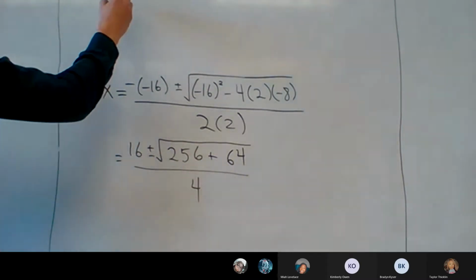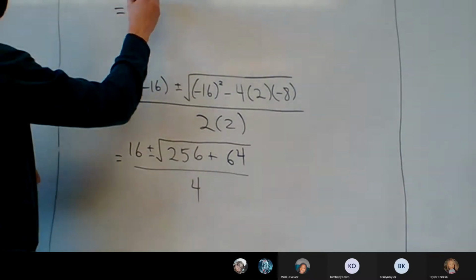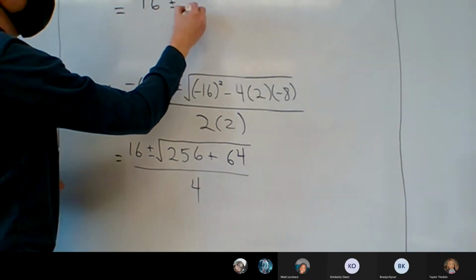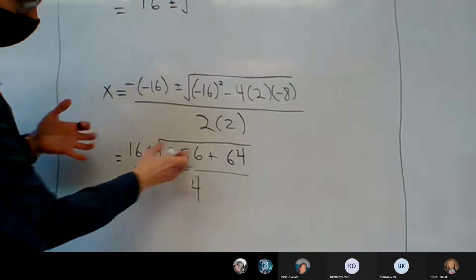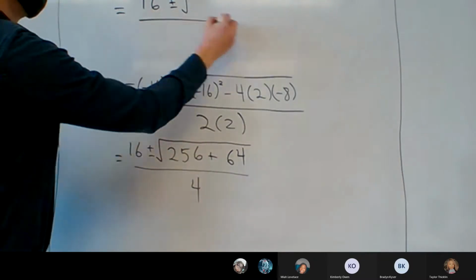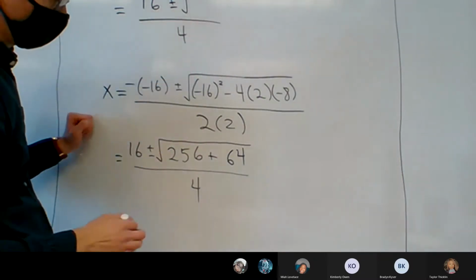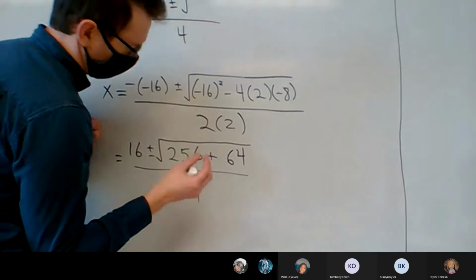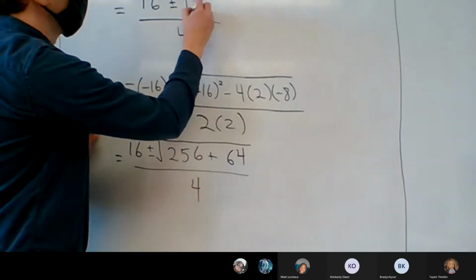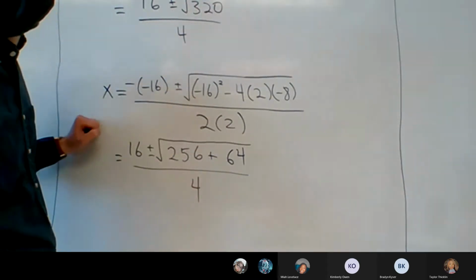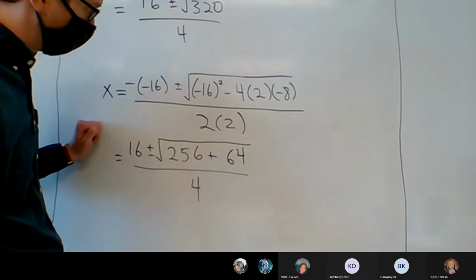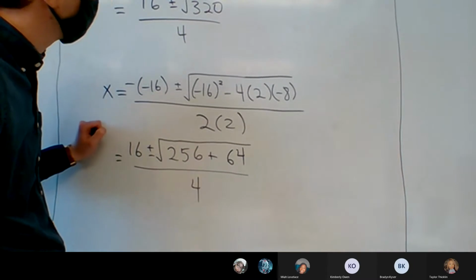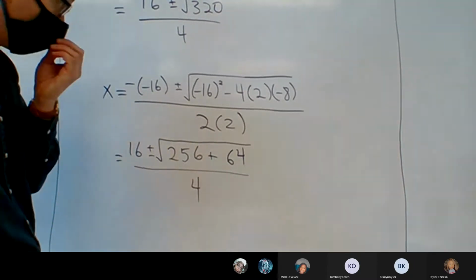So, all right, I've got 16 plus or minus the square root. What's that sum? It's all over 4, right? That sum is going to give me 320. You can just bust it out on the calculator, right? 256 plus 64, 320.